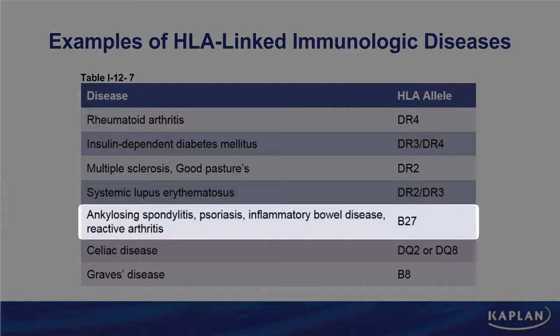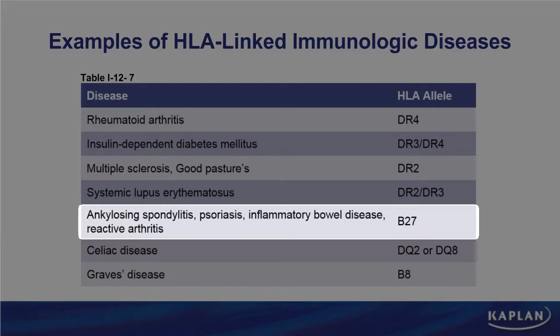I don't necessarily want you to memorize this table, but know HLA-B27, and you definitely want to know that that's class 1. And the diseases here, especially ankylosing spondylitis and reactive arthritis, are going to be pretty high yield.